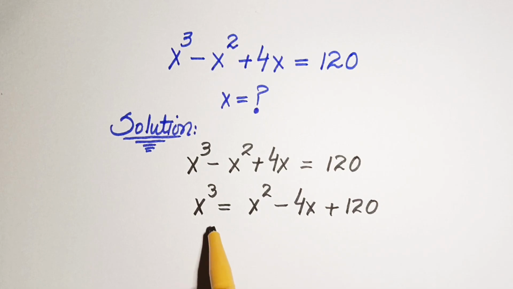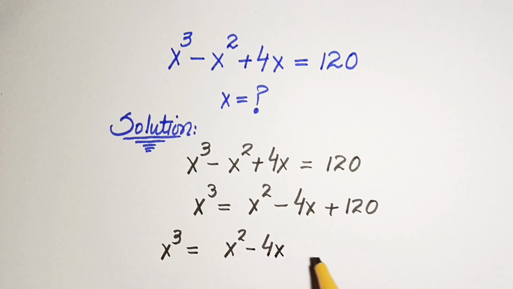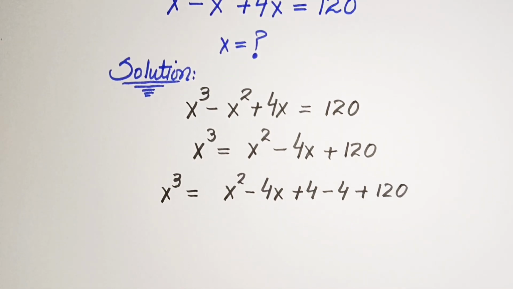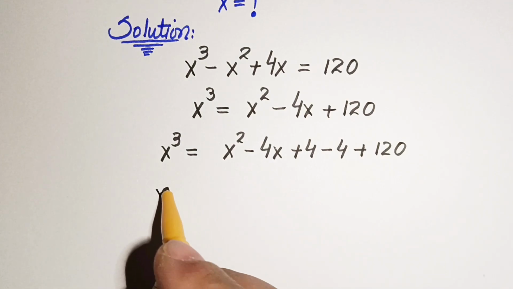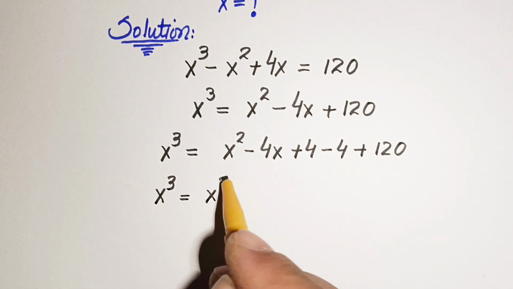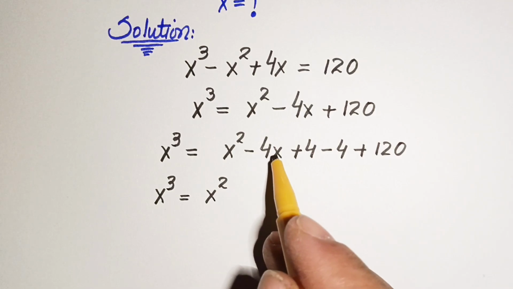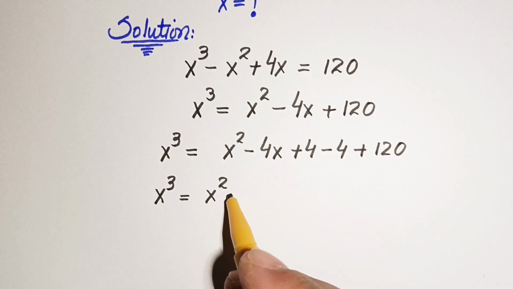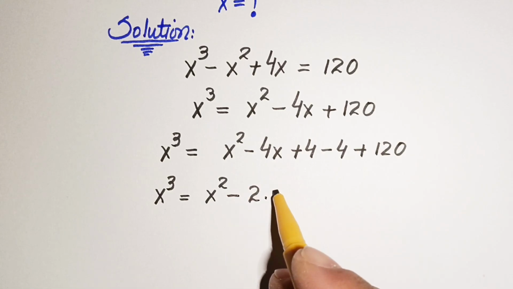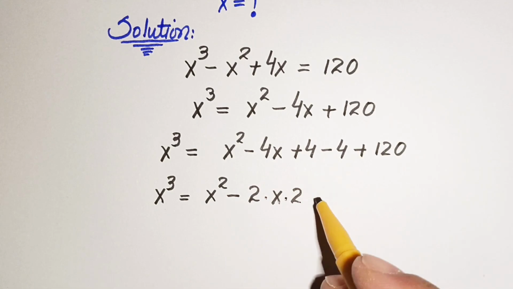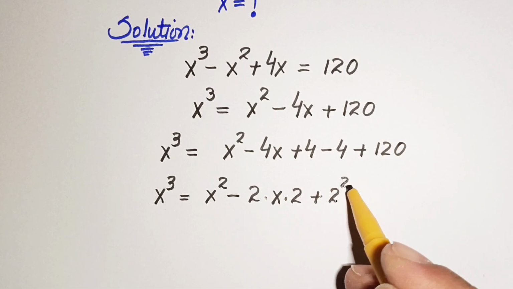Now, if we write that x cubed is equal to x squared minus 4x plus 120, we are going to add and subtract 4. Now our next step will be x cubed is equal to x squared, and this minus 4 times x can also be written as minus 2 times x times 2, and this 4 can be written as plus 2 squared.